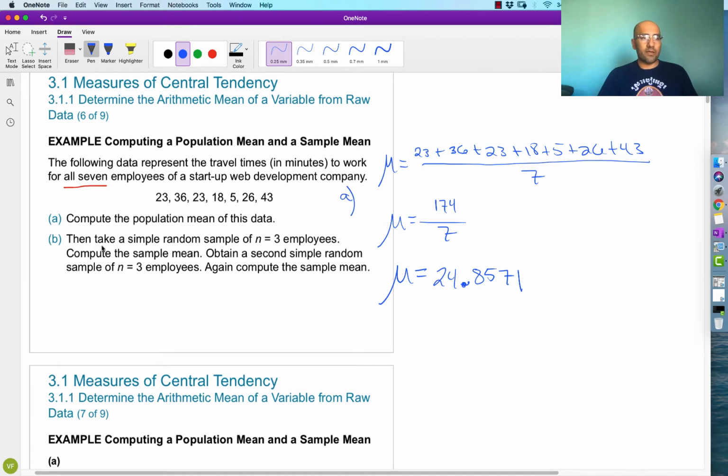Part B says, take a simple random sample of 3 employees, compute the sample mean, obtain a second simple random sample of size 3, and compute a sample mean. So we get the idea. How do we randomly select a few of these? Well, if we had a 7-sided die, we can roll it.